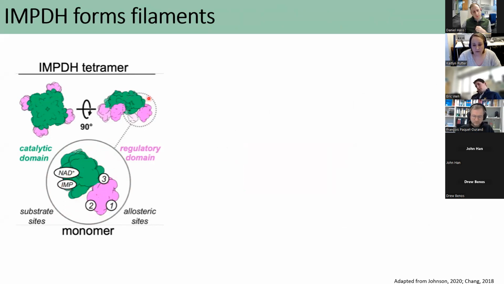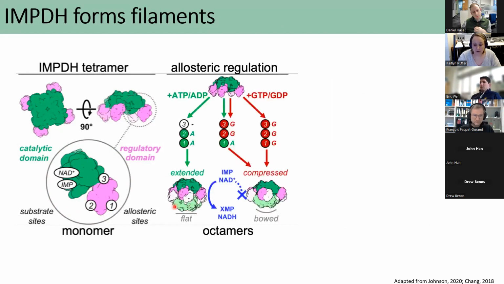These monomers connect together to form a tetramer that stack on top of each other to form octamers. And the conformation of these octamers changes based off of the nucleotide status of the cell. So if ATP is bound to two of these sites here, the enzyme can adopt an extended conformation and is more active.